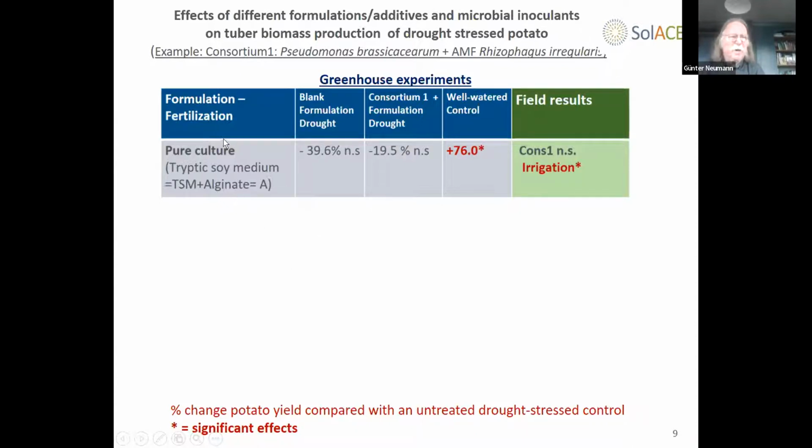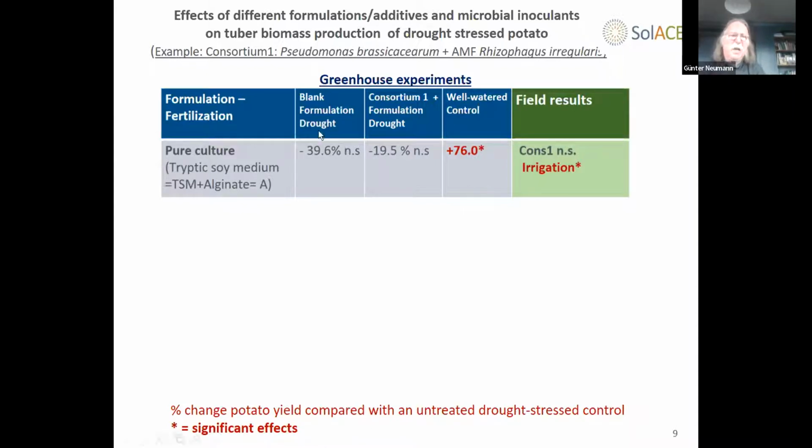So in the first experiments, we were lacking a proper formulation because we started with pure strains, and therefore they were applied in artificial growth media. For the Mycorrhizae, we had an alginate formulation, and this was the way they were applied both in the greenhouse experiments and the first field experiments.